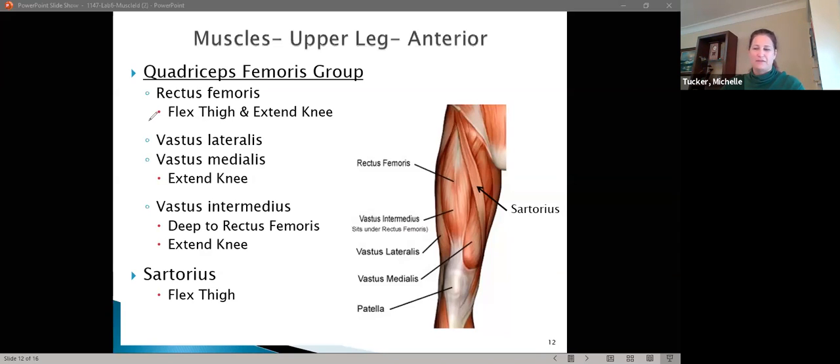I can absolutely guarantee that you are going to need to know that the quadriceps group flexes the thigh and extends the knee. Okay, so these are different actions. When rectus femoris contracts, it can bring the femur forward, which is flexing the thigh at the hip.